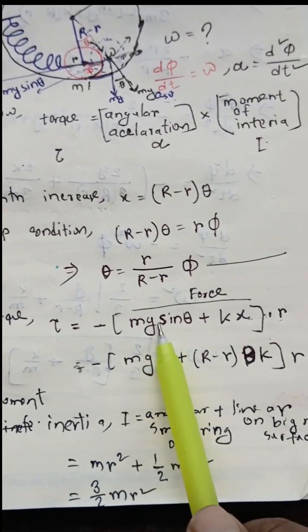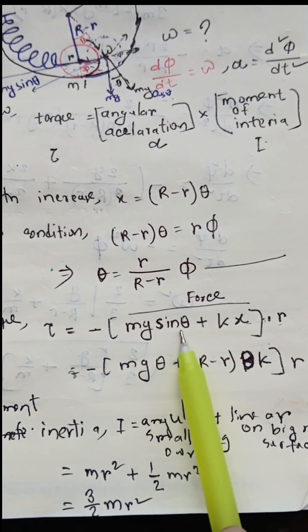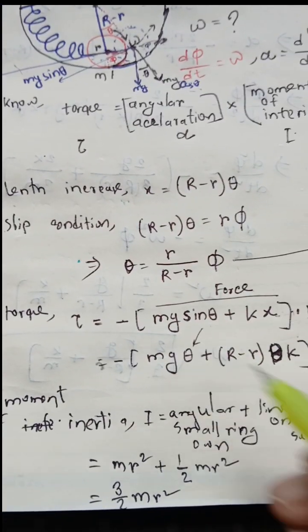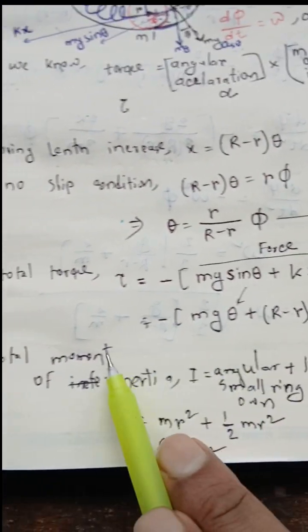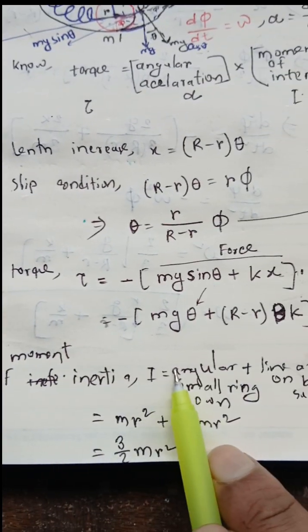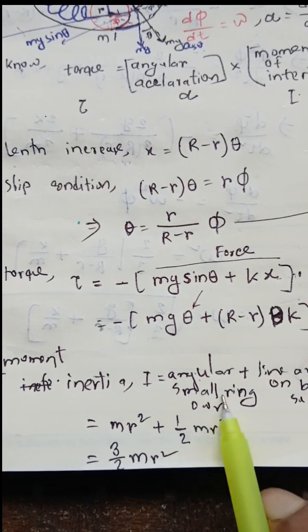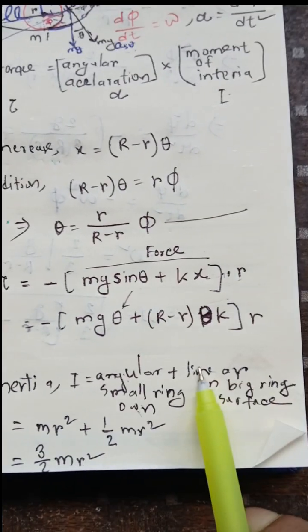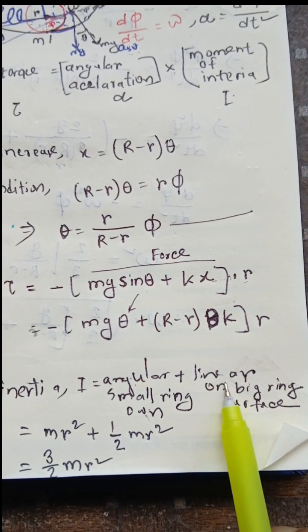Here, as theta is very small, sin theta is equal to theta, so we can consider it equal to theta.